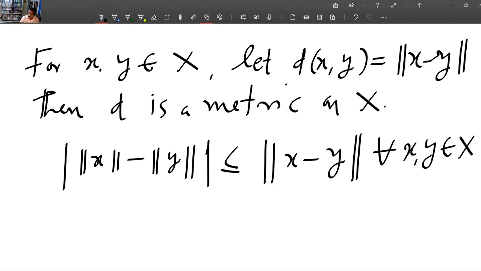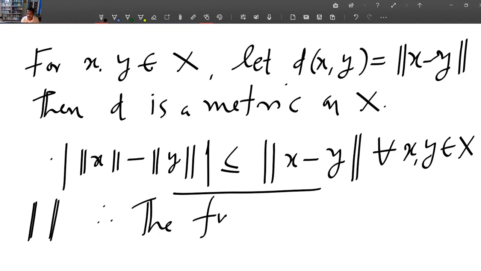Therefore, the function norm is uniformly continuous on X.